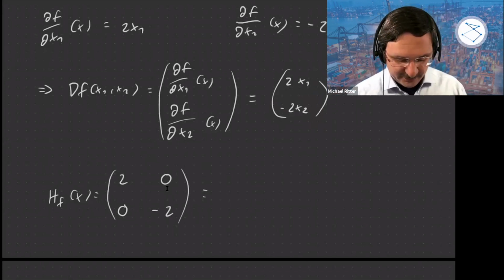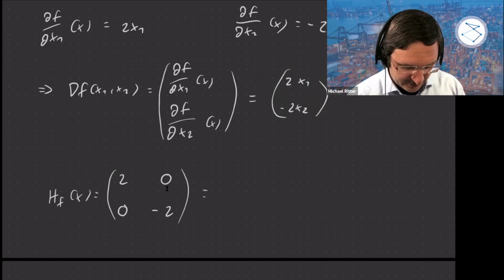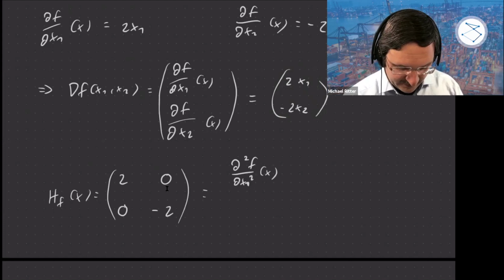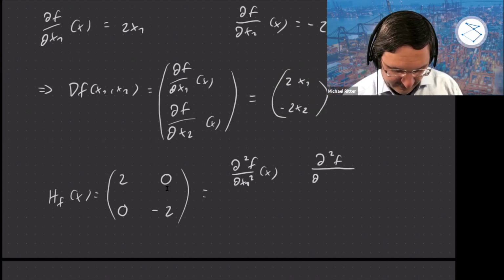On a more abstract level, what we do here is we compute d squared f dx1 squared, so we're differentiating with respect to x1 twice. Then we have d squared f dx2 dx1, so we're differentiating with respect to x1, then x2.